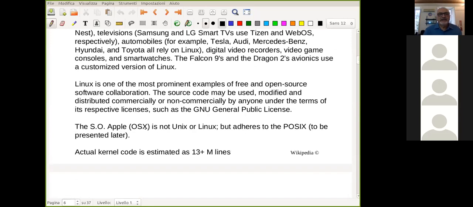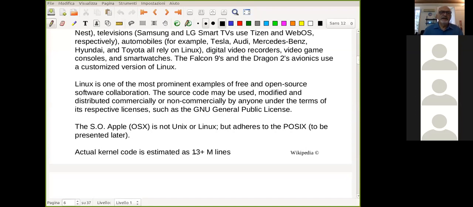OS X is not Unix or Linux, it's different, even if it's very similar, but is POSIX compliant. The kernel is different, so what we'll discuss is not a description of OS X. There is a mistake.